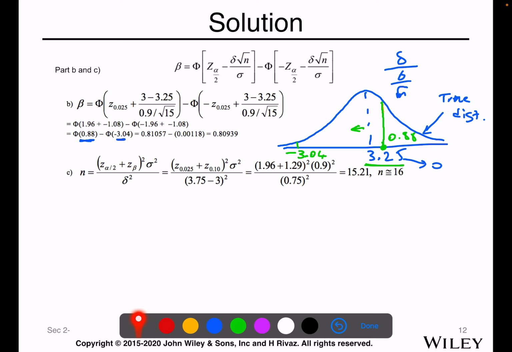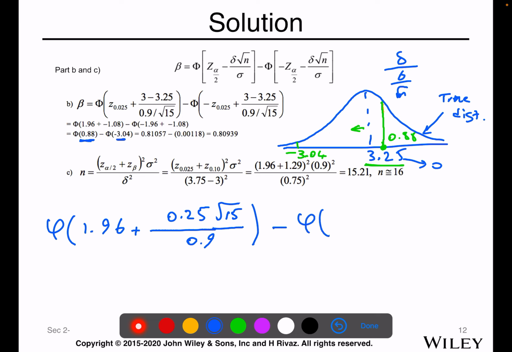So z of alpha divided by 2, that is correct, and that is going to be 1.96 plus 0.25 times square root of 15 divided by 0.9, and then minus phi of minus 1.96 minus 0.25 times square root of 15 divided by 0.9, right?